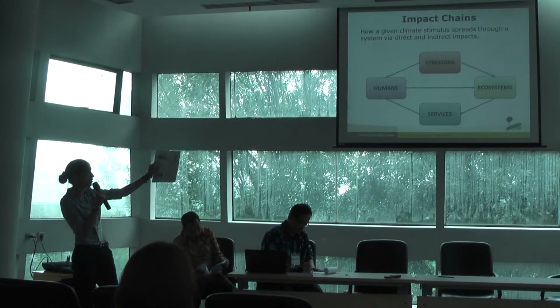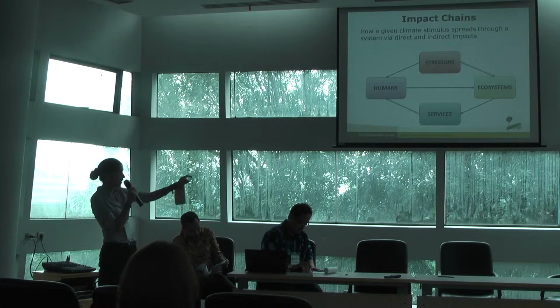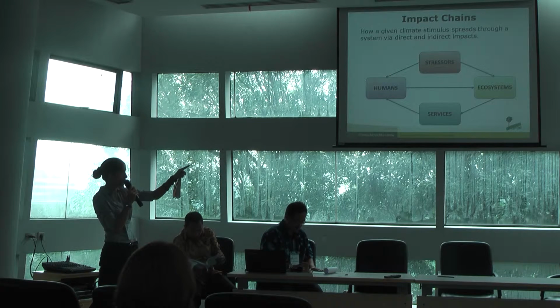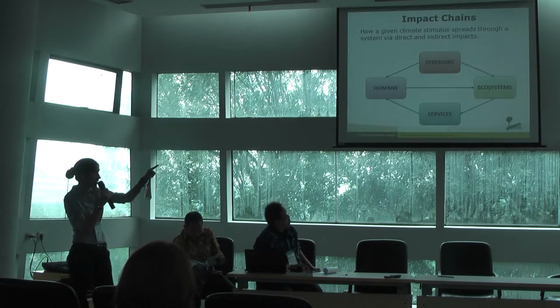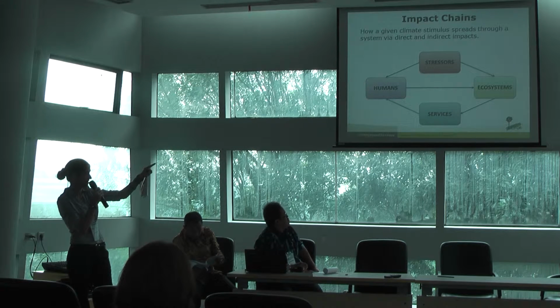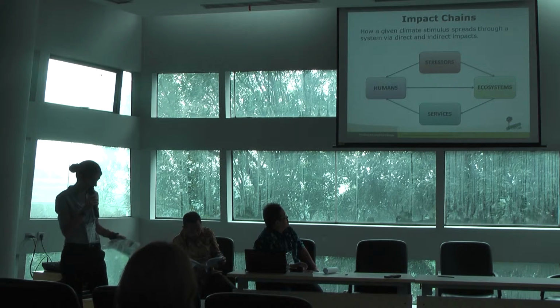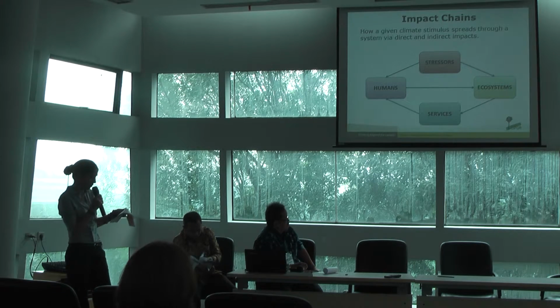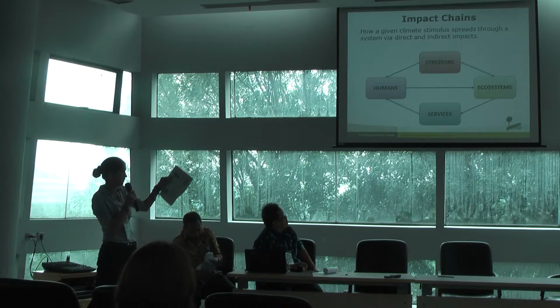For example, if you follow the arrows, if a given stressor impacts an ecosystem, which produces services and benefits humans, but then if the stressor has a negative impact on the ecosystem, then the ecosystem isn't able to produce as much services, which then affects what the humans could gain from them. So there is a need to understand the combined effects.